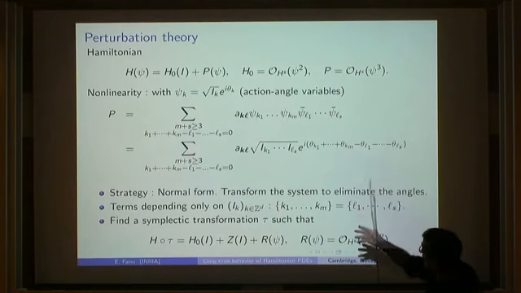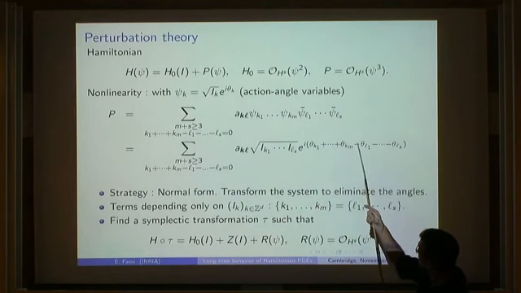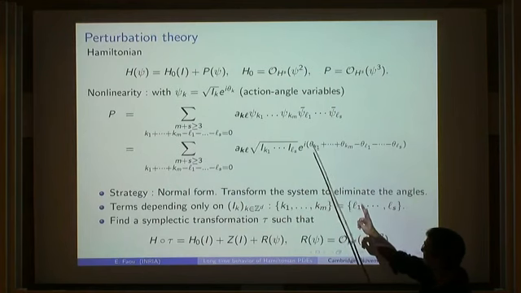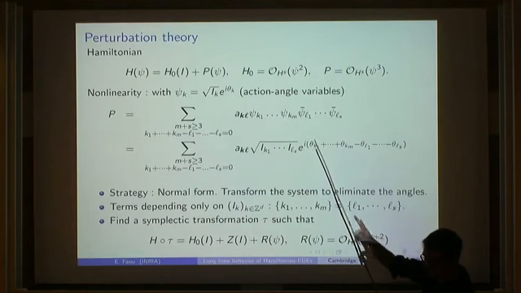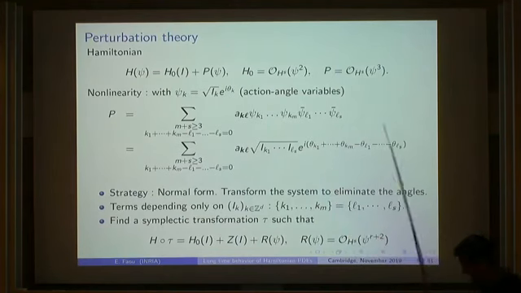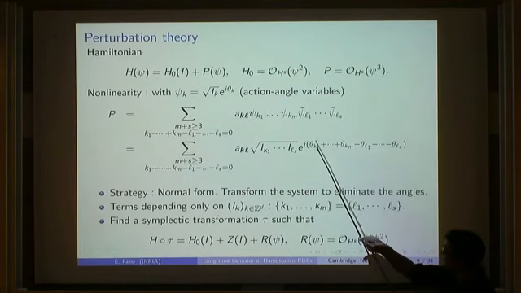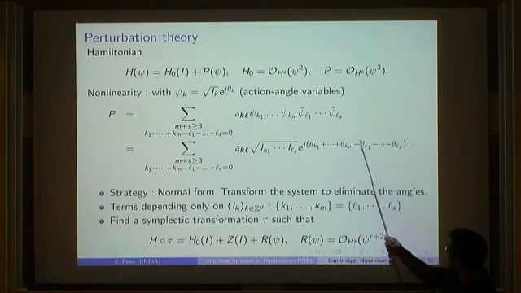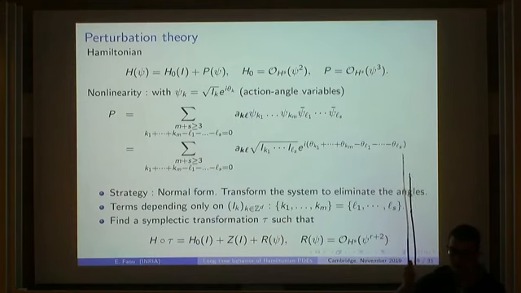So imagine that you have only one angle here, one angle here. It will correspond to a quadratic Hamiltonian. So we are exactly in this situation. And what you want to do is to remove in the Hamiltonian the term that depends on theta k1 minus theta l1 with k1 different from l1.